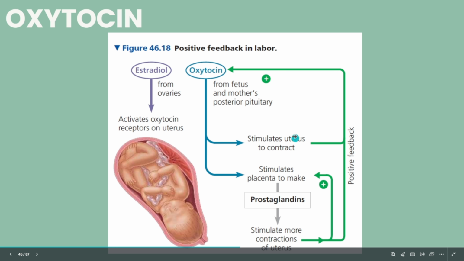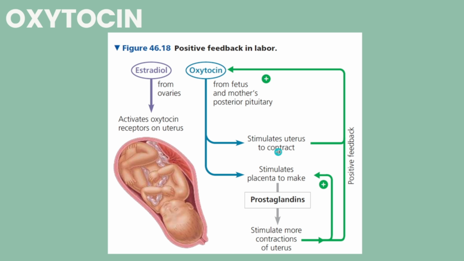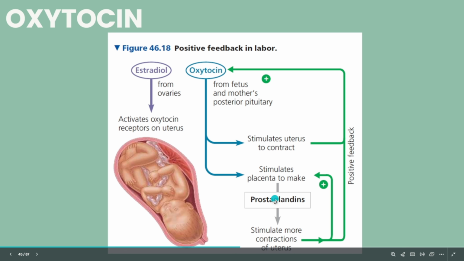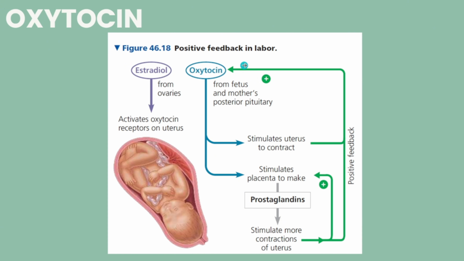And the contraction of the uterus will provide the positive feedback mechanism to the posterior pituitary gland to secrete more and more oxytocin. Similar to here, because it stimulates the uterus to contract and causes more oxytocin to be secreted. So this is the positive feedback mechanism.